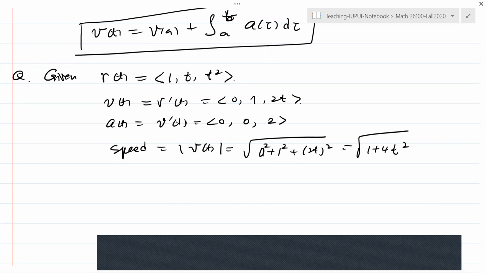Now, sometimes we are not given the position vector. We are given some other information. For example, like a flying object in space, you cannot constantly get the position vector.